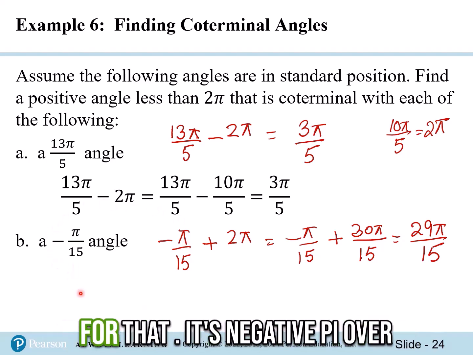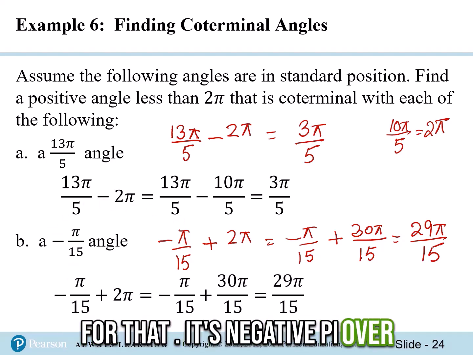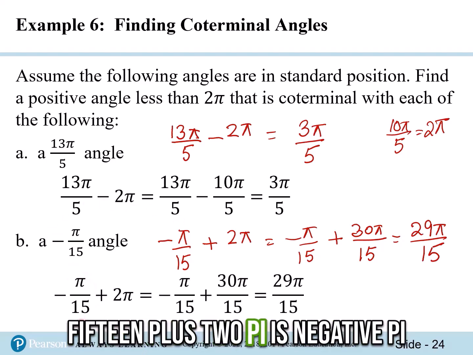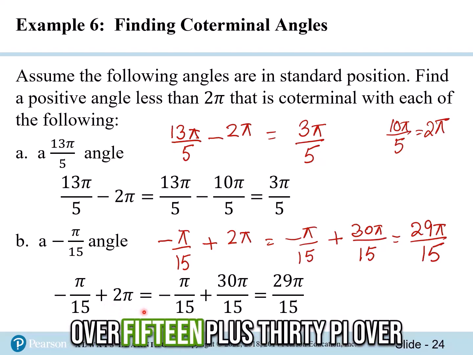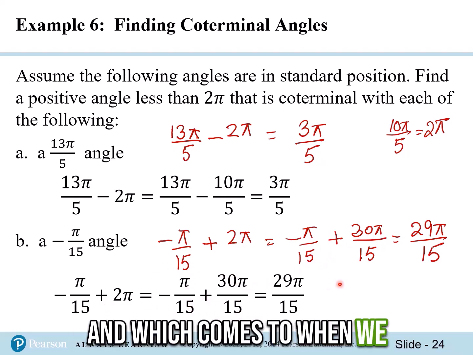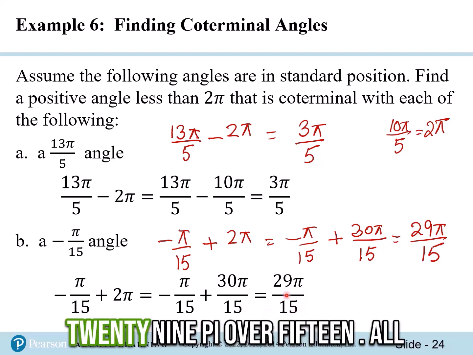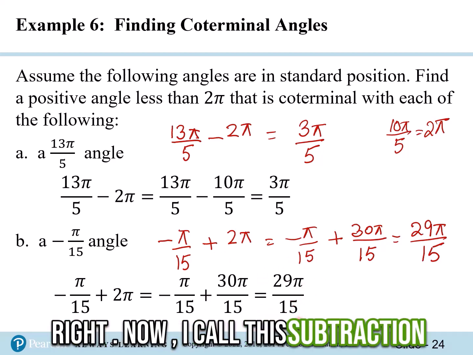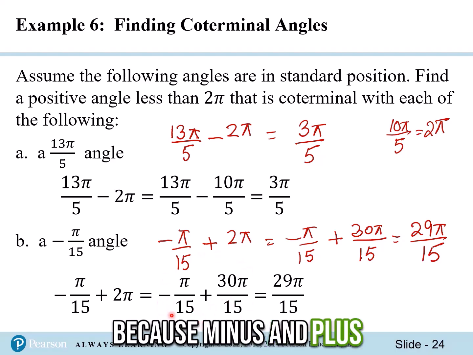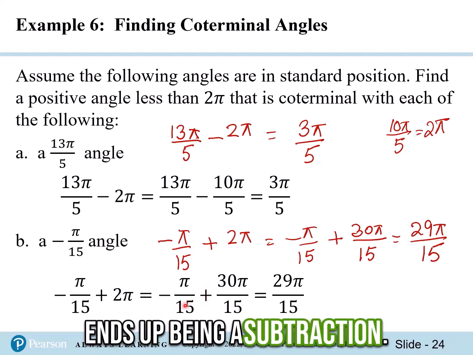Let's pull up the answer for that. It's negative pi over 15 plus 2 pi is negative pi over 15 plus 30 pi over 15, and when we perform the subtraction, it's 29 pi over 15. All right, now I call this subtraction because minus and plus ends up being a subtraction, correct?